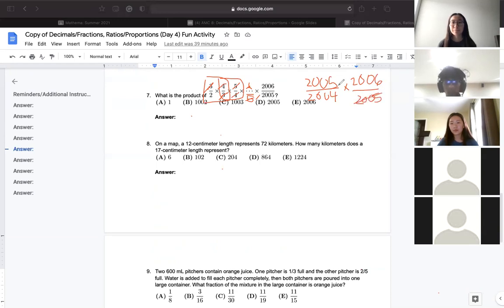So these two would cross out, and this would have already been crossed out. So the only numbers that do not cross out are this 2006 at the very end and this 2 from the very beginning. So once all of these other numbers cross out, we would have 2006 over 2. So that would give us 1003, which is C.